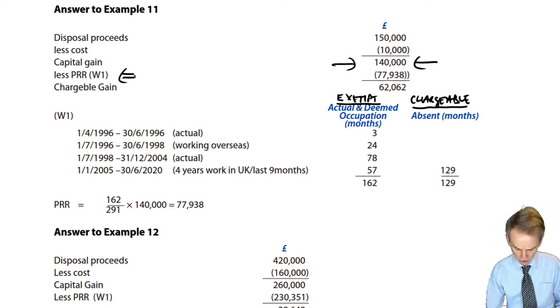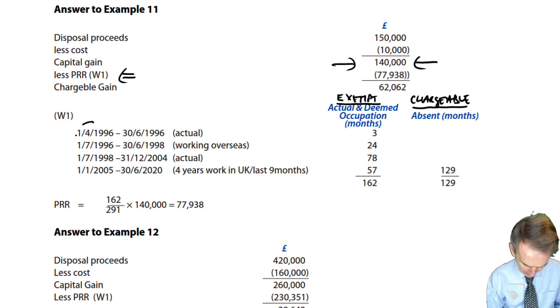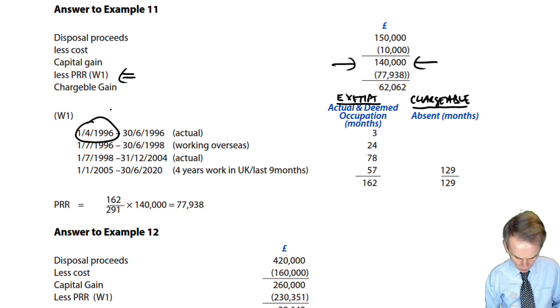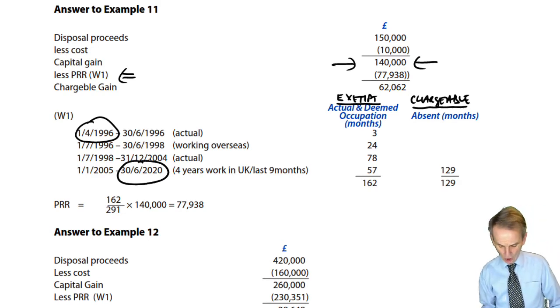But the real hard work is in establishing how much of that gain will be eligible for the private residence relief. So we run a couple of columns here to work out in monthly terms how much of the period of ownership, which we can establish from when did you buy, when did you sell, will be classified as occupation.